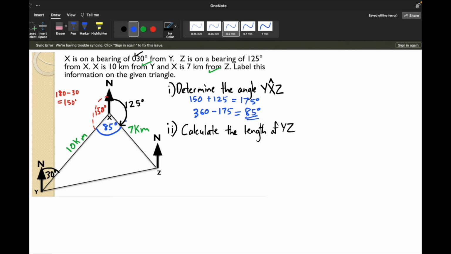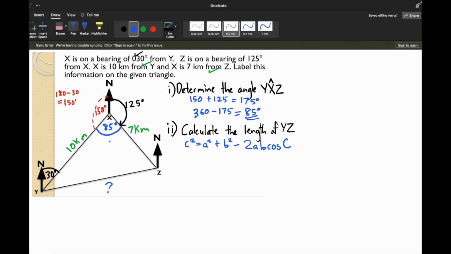Cosine rule. So we are trying to calculate this length right here. So we need to use this formula: C squared is equal to A squared plus B squared minus 2AB cosine C. So we are trying to find this C. That is what we're looking for.